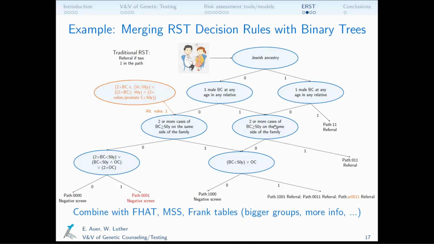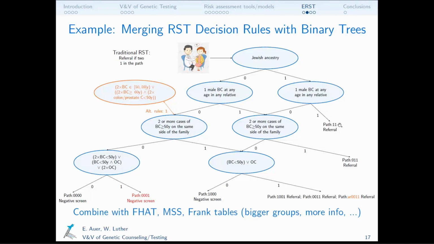So we have here one more criteria after that, and at this node the rules can be exchanged with the help of other criteria. So those nodes have two further risk factors which can be considered. So that is, if we take a look at this path, then we see there are two ones in the referral path.